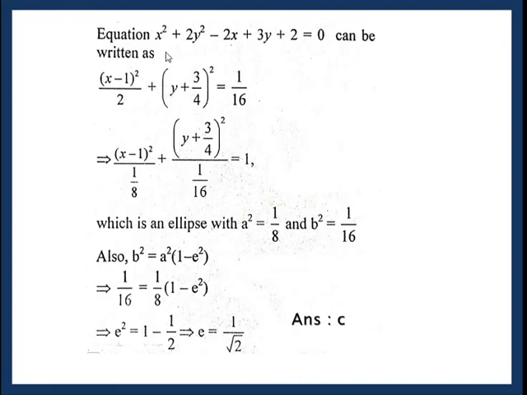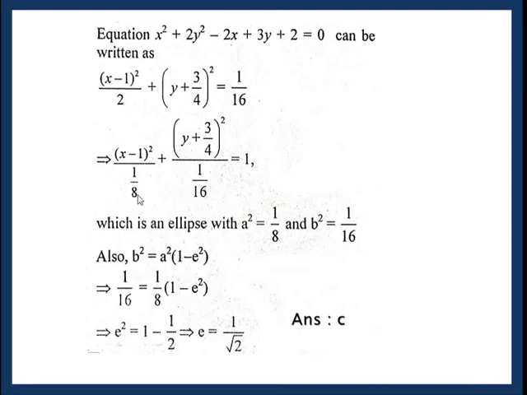After simplifying, that is, first expressing this as a perfect square and so on, you get the equation in this form. So what is a square? 1 upon 8. And what is b square? 1 upon 16. So that gives me 1 upon 16 equal to 1 upon 8 into 1 minus e square, because for an ellipse b square is a square into 1 minus e square. Is that clear? So the correct option is 1 by root 2, which is given in C.